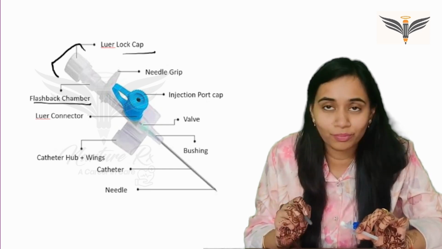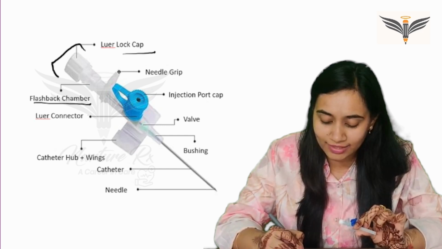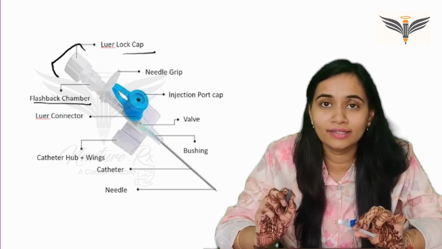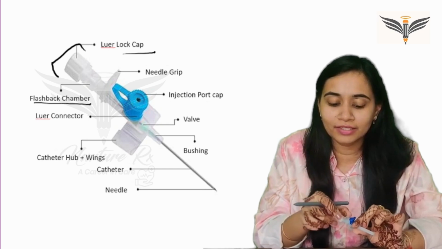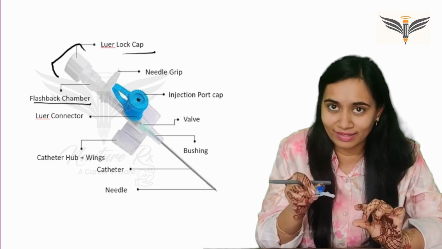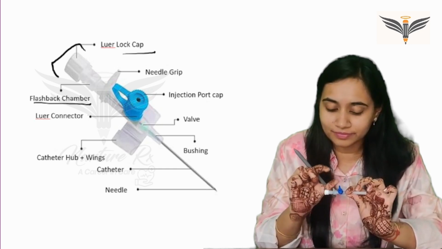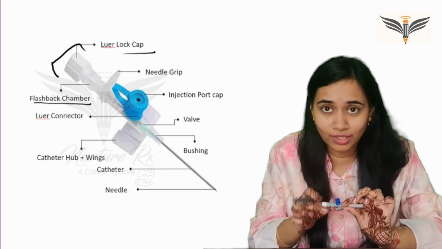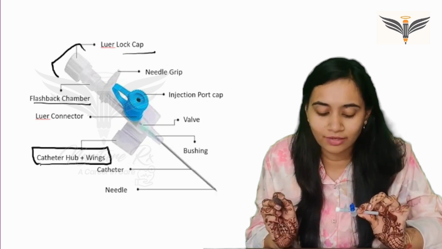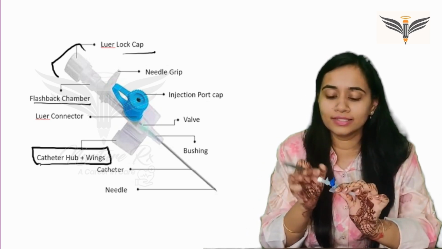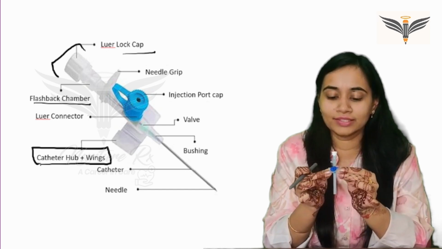Coming to the more proximal part, this is at a slight height and it is called needle grip. It has the word grip, so you must understand that it is used for making a grip. Along with it you need to know the catheter hub plus wings. So this is your needle grip and these are your wings. Why wings?